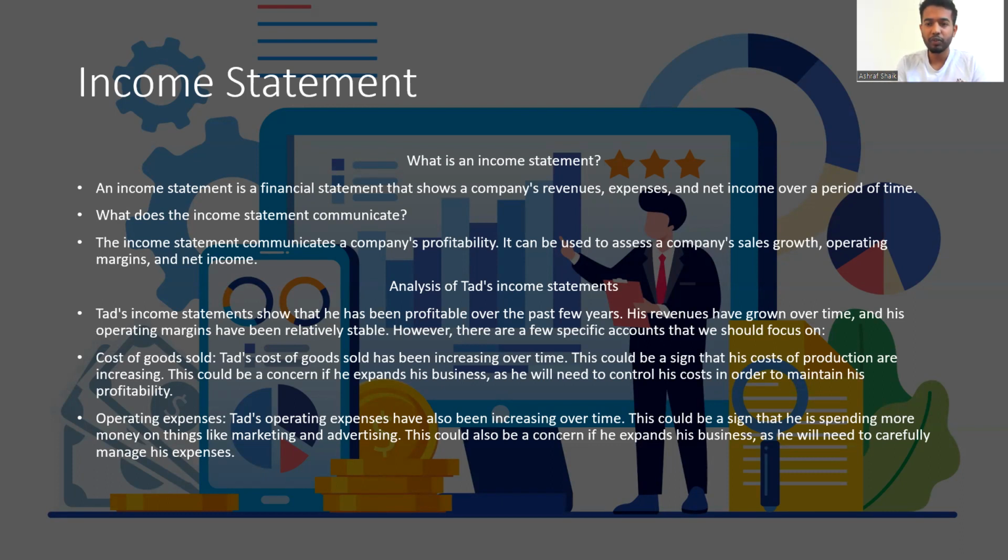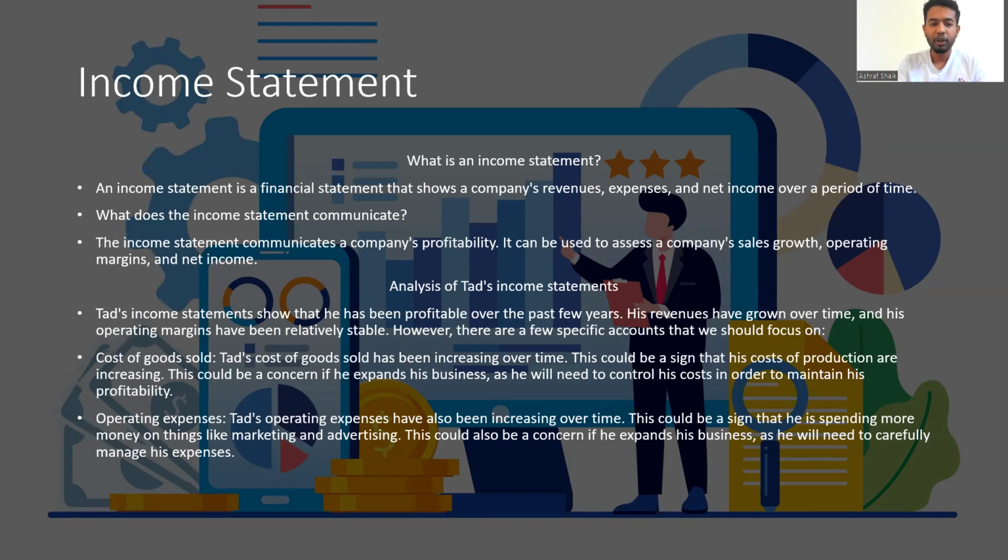The cost of goods sold. TAD's cost of goods sold has been increasing over time. This could be a sign that his production costs are increasing. When he expands his business, it will be more expensive to make his goods. So it's better to always reduce the manufacturing or production cost. This could be a concern.